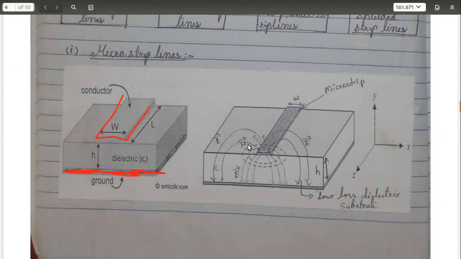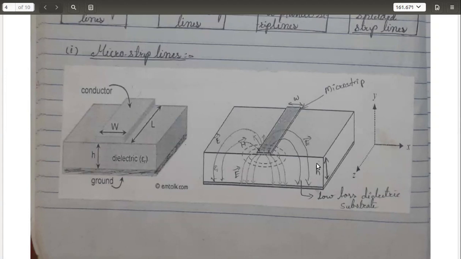If you see the field details, this is your microstrip, and this is your substrate. Whenever you fabricate any electronic device, you use a substrate material, right? On the substrate you do all the different processing.